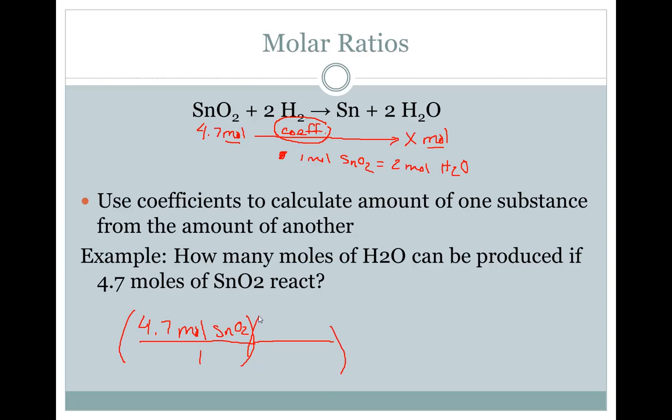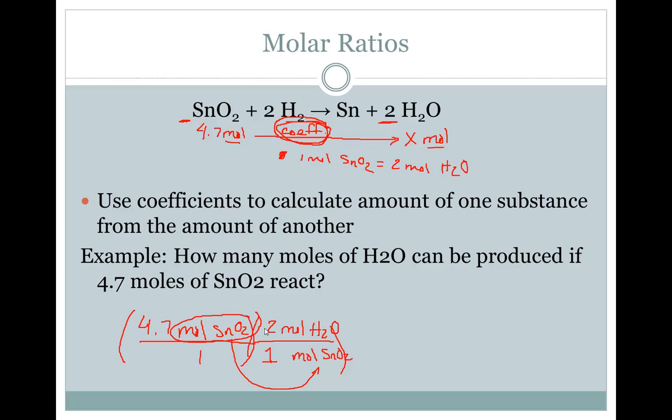We have moles of SnO2 on the top. We want to put this on the bottom of the next one. We are right here and we're using the coefficients. There's no number there, so that's automatically a 1. And we're looking for water, which is a 2 moles of H2O.